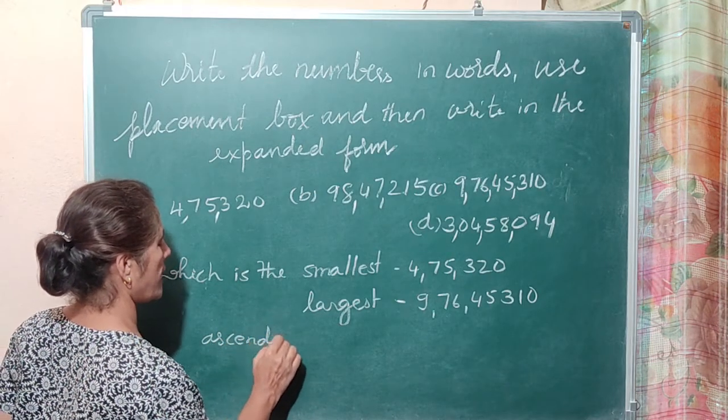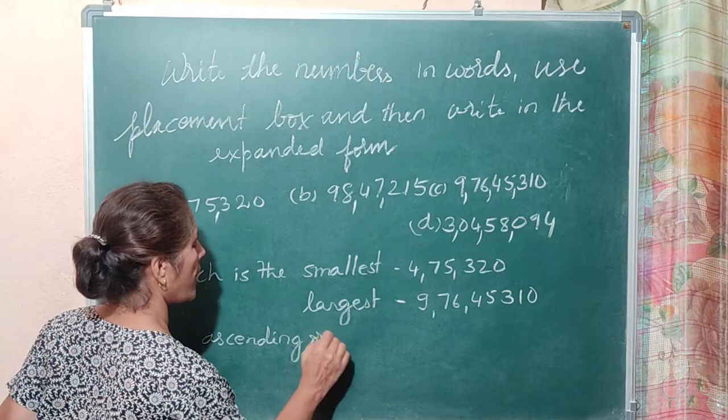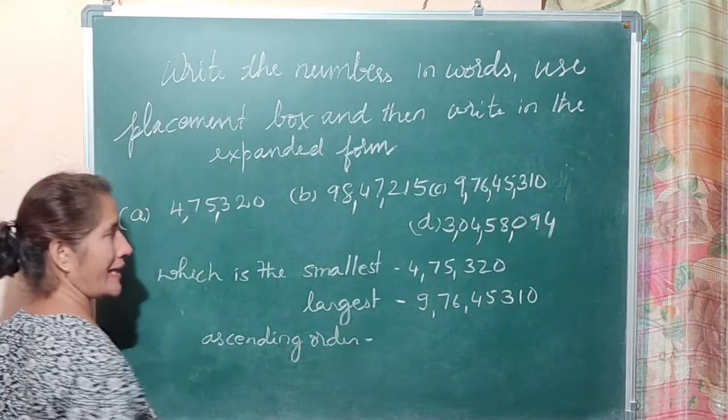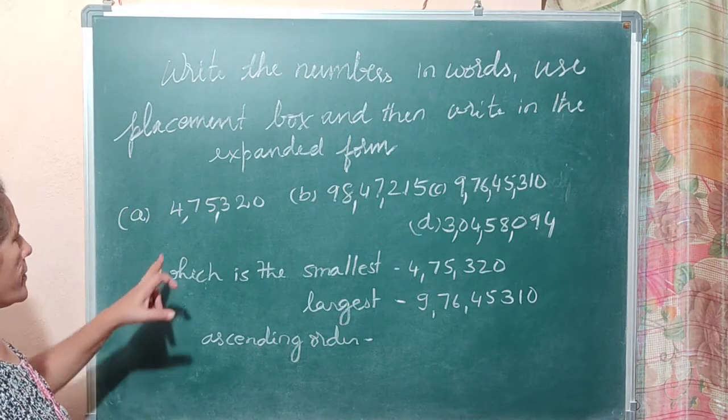Now, how do you write down in ascending order? Ascending order means small to big. Right? Small to big.